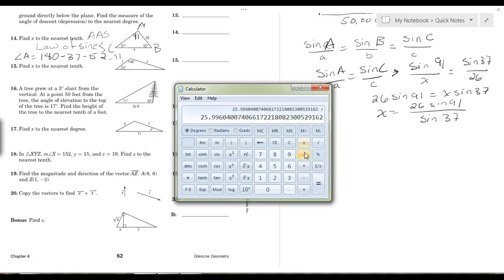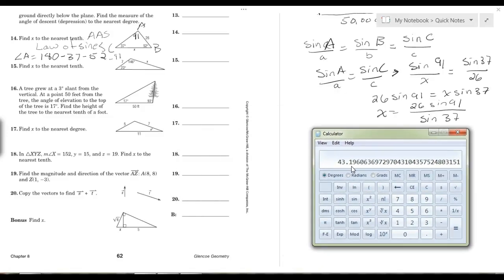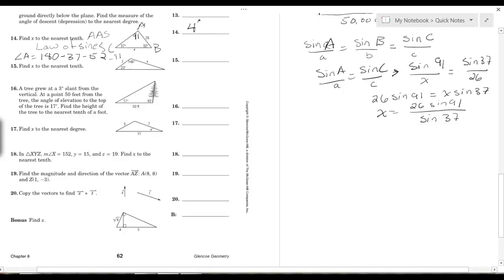And then I'm going to divide that, and I have to put my things in parentheses, by 37 sine, equals 43.19. And it says to round to the nearest tenth, so it's going to be 43.2. So my answer is 43.2.